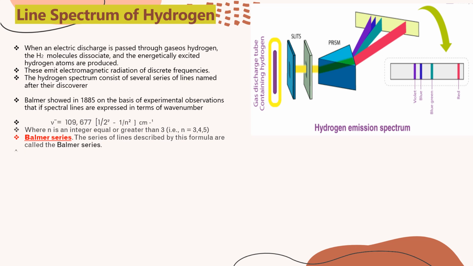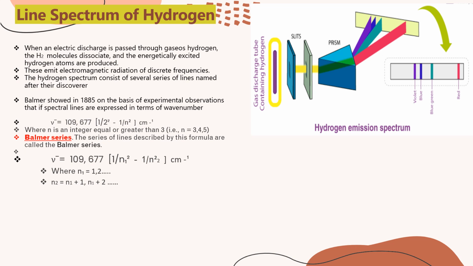Then the Swedish spectroscopist Rydberg noted that all series of lines in the hydrogen spectrum could be described by the following expression, that is, wave number equals 109,677 (1 upon n1 square minus 1 upon n2 square) centimeter inverse.